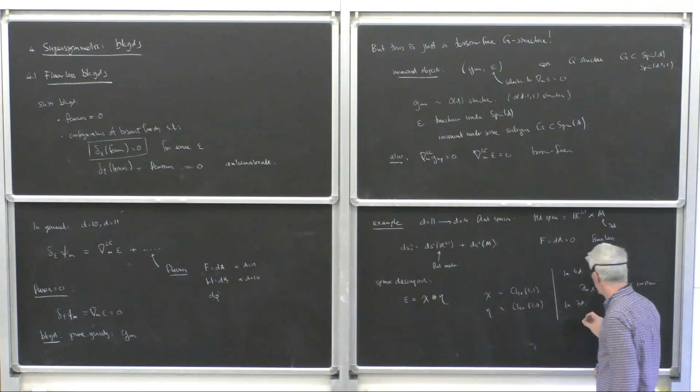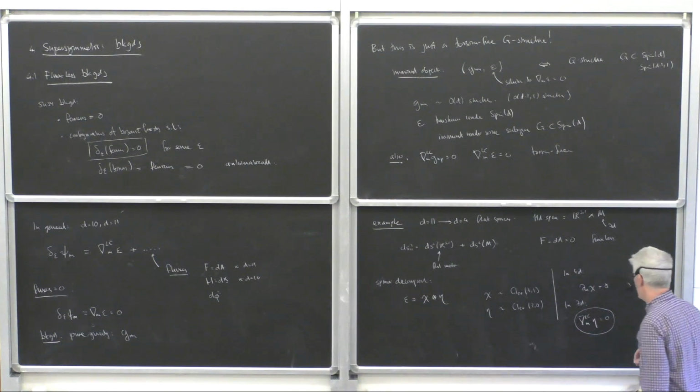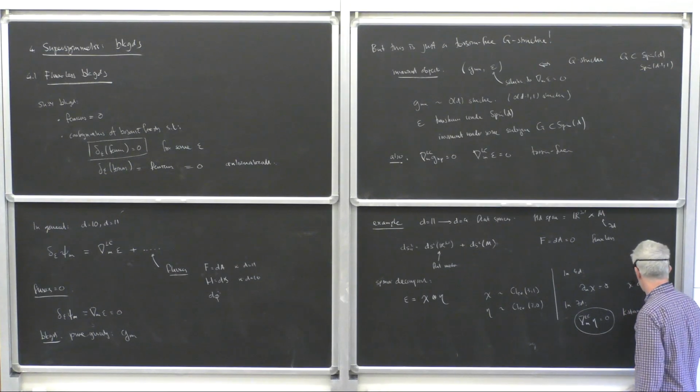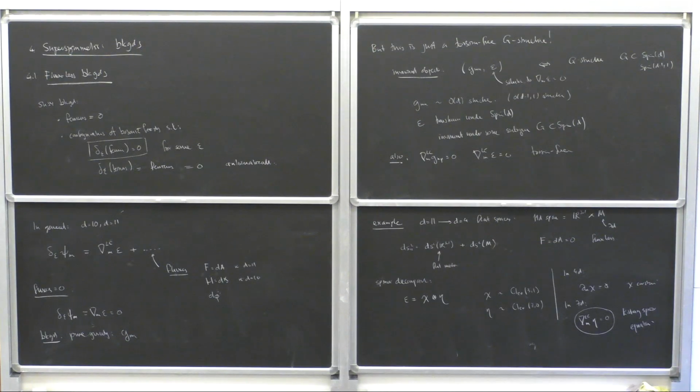And then in 7D, we get the Levi-Civita connection on eta has to be 0. So this is the equation. This is sometimes called the Killing spinor equation. So it's like a Killing vector, but it's now for a spinor.